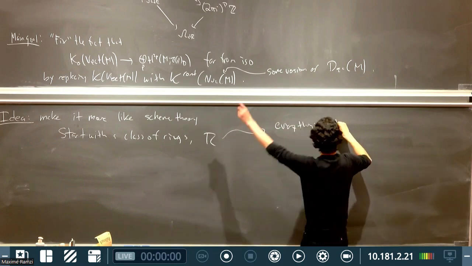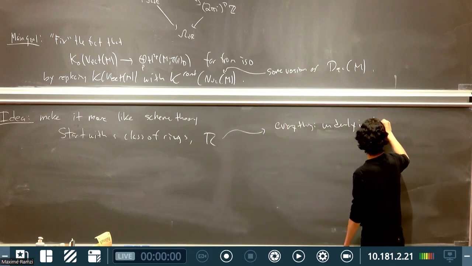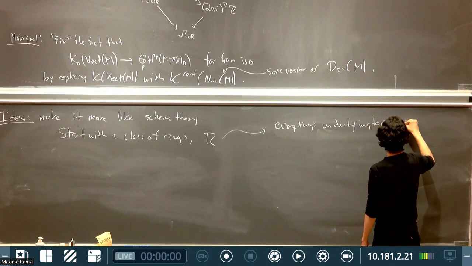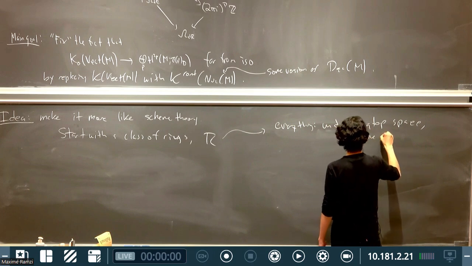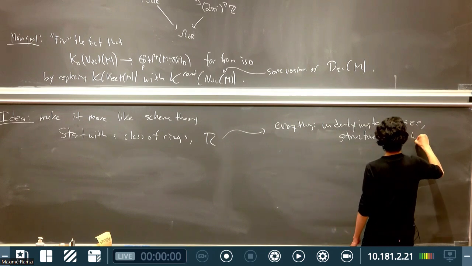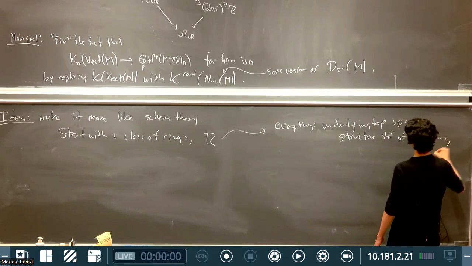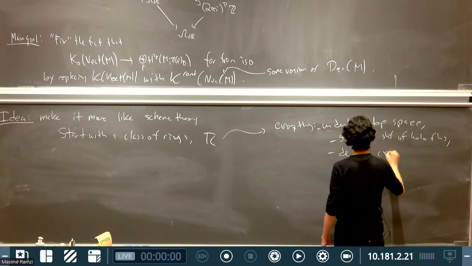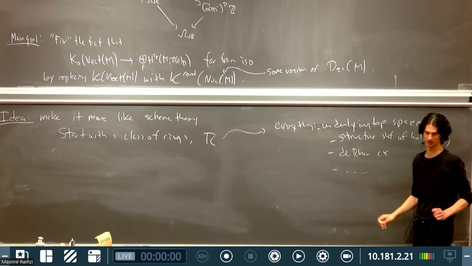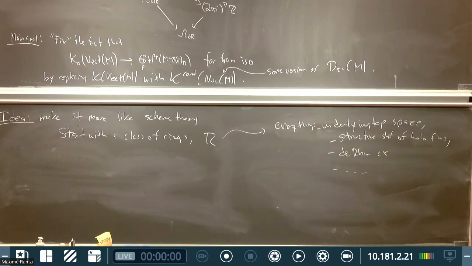So there should be an underlying topological space, there should be a structure sheaf of holomorphic functions, there should be a de Rham complex, and there should be these theories of quasi-coherent sheaves.